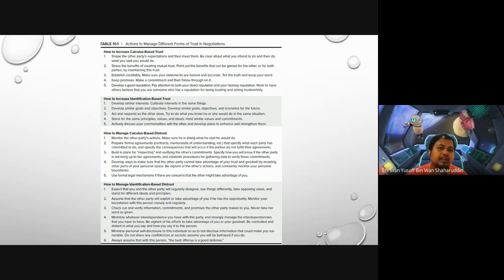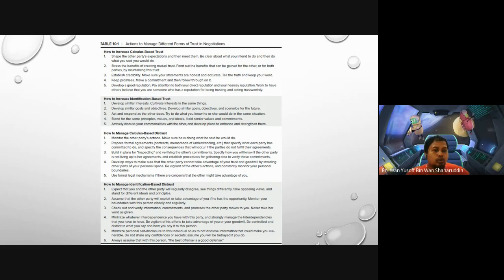So we know that calculus-based trust is more about how the technical process in the negotiation will go on and create that particular trust. But identification-based trust is more about creating value, creating commonality, setting off on the right foot, and maintaining the relationship in the long run.